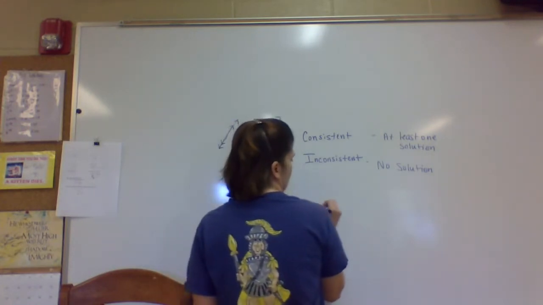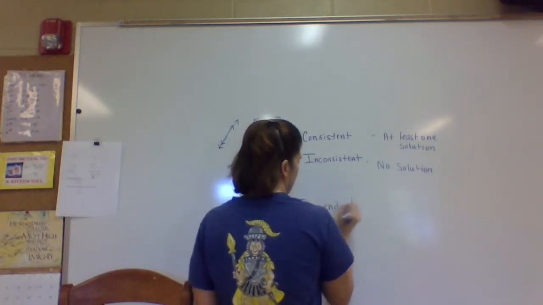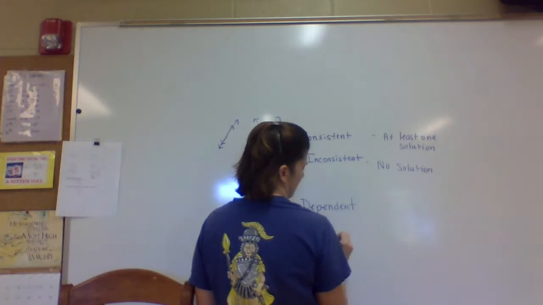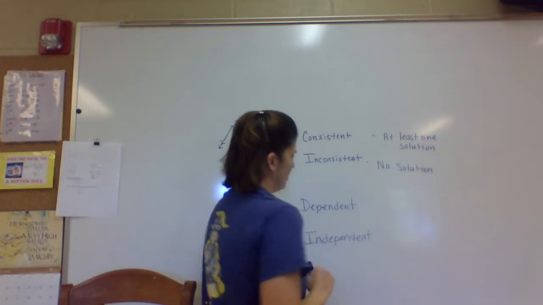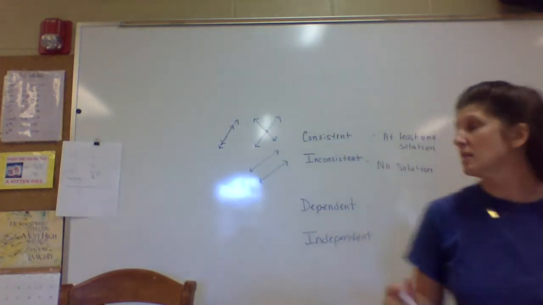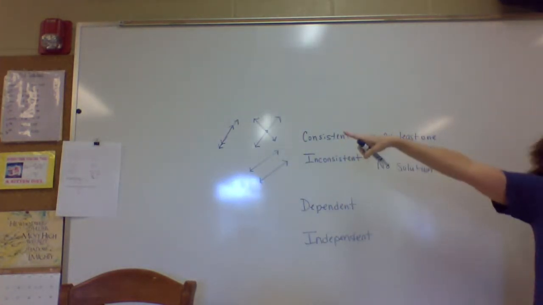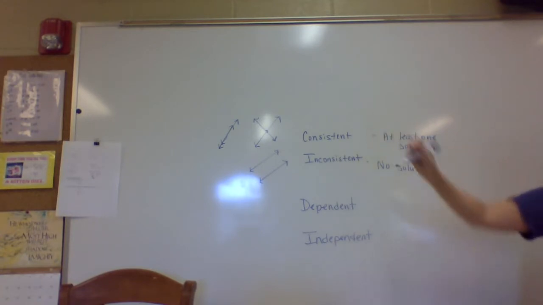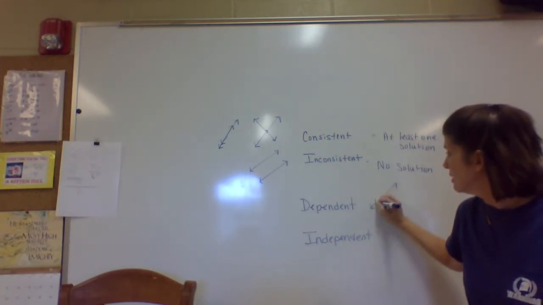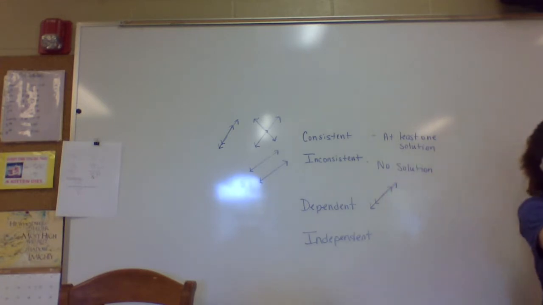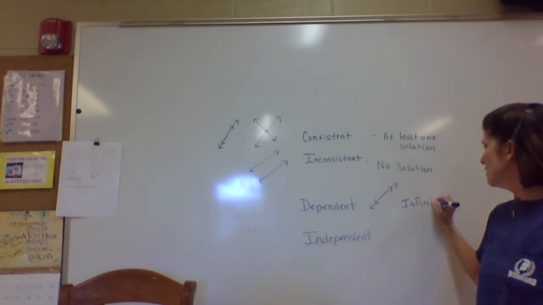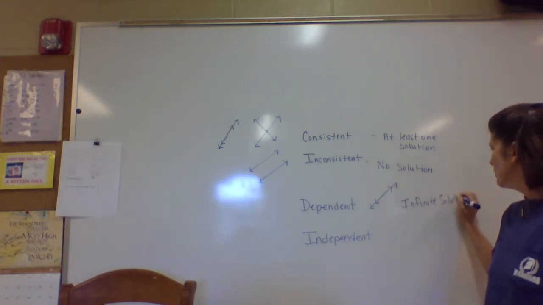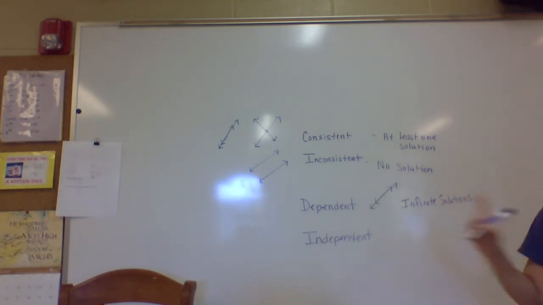Dependent and independent. It's harder to spell on the board. Okay, so dependent, that's the situation where it's actually the same line. It's the fancy term for it turns out they had infinite solutions. Independent means they did not have infinite solutions.